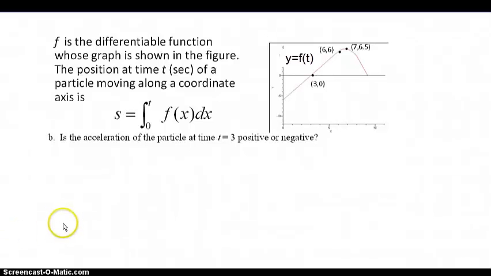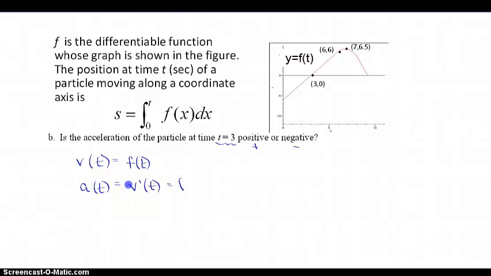All right, same function, same definition. Here's Part B. Is the acceleration of the particle at t equal 3 positive or negative? We've already defined that we know velocity is the first derivative of position, and that we said that the velocity was this function f of t. We need to show that we know that acceleration now is the first derivative of velocity, so we're looking at the slopes on this function f.